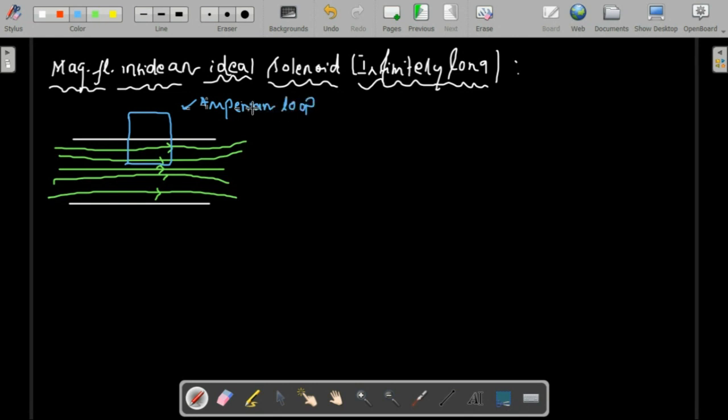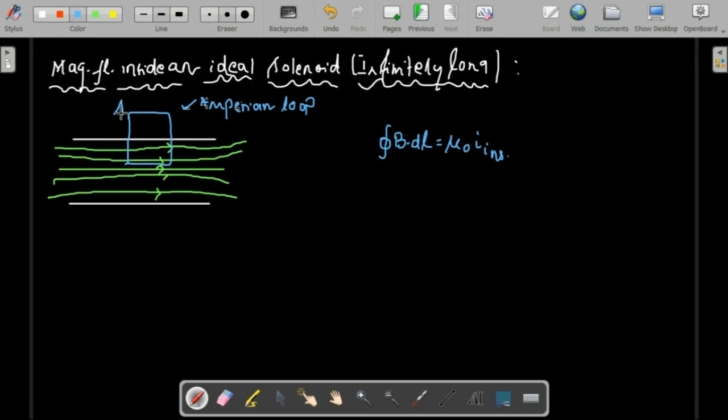So if I have an Amperian loop, we definitely need to find out what is the current in this loop. So first thing, what is Ampere's law? Our Ampere's law is the closed integral of B dot dl is equal to mu naught I inside, whatever is the current that is being enclosed. Okay, and we can see that there is an Amperian loop here.